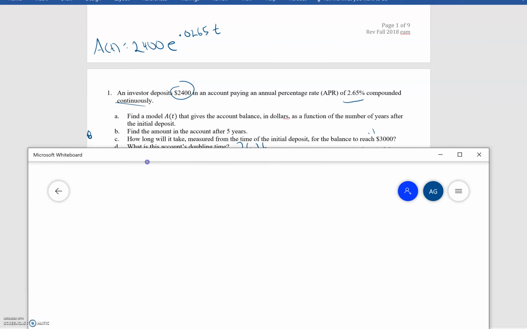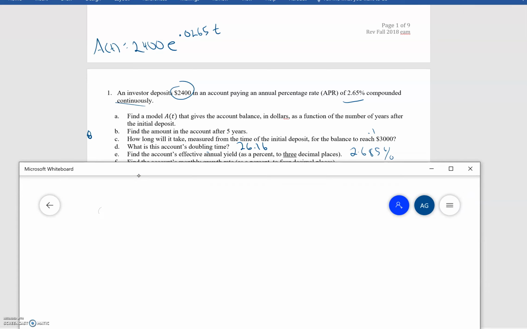So the annual factor is going to be e to the 0.0265. Now we need to take this and turn it into a monthly factor. And notice that I'm saying factor, not rate.